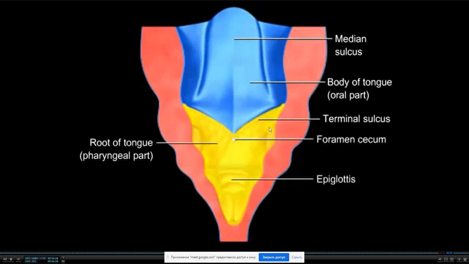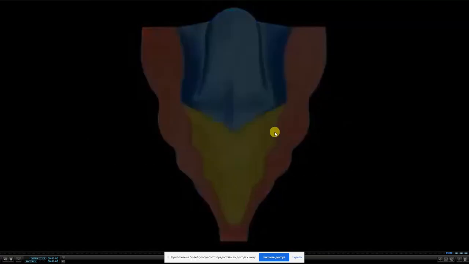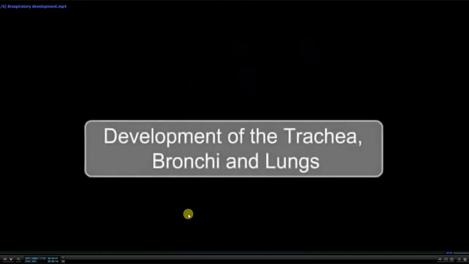Then the root of the tongue is made up of endoderm, and the terminal sulcus, where we have papillae, the vallate papillae, surrounded by walls. And from the mesoderm, the cartilage of the sixth arch forms the epiglottis and cartilages of the larynx. So this is about the respiratory portion.